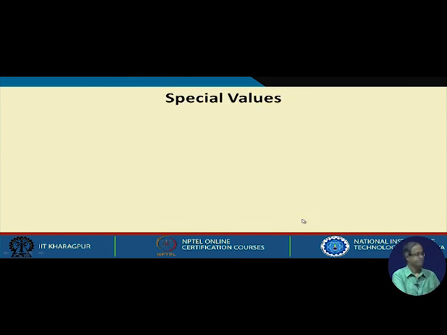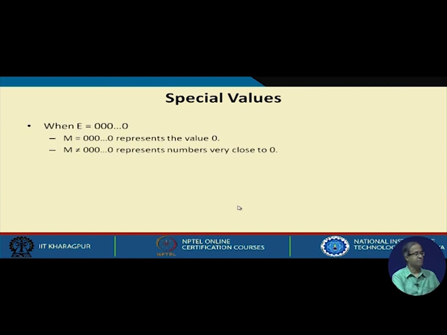Now, some special values are supported. Earlier we mentioned that the values of E which are all zeros and all ones are not allowed in actual numbers. But what happens when the value of E is all 0 or all 1? These are the so-called special values. Let us see.